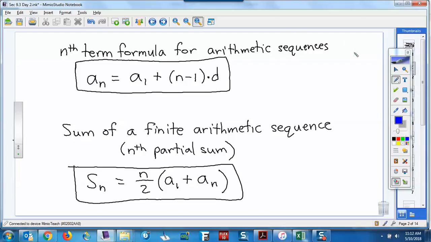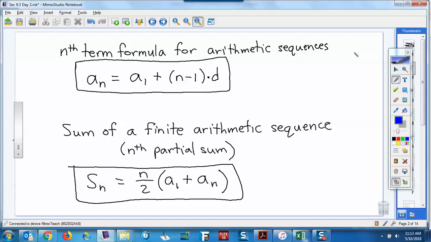But isn't that the same as this? Isn't that why the n minus 1 is here? The difference here is we're adding. So look at the connection in those two formulas. In this one, you start with A1 and you add on D, and then you add on D, and then you add on D. So to get to the fourth term, you're going to add D how many times? 3, right?